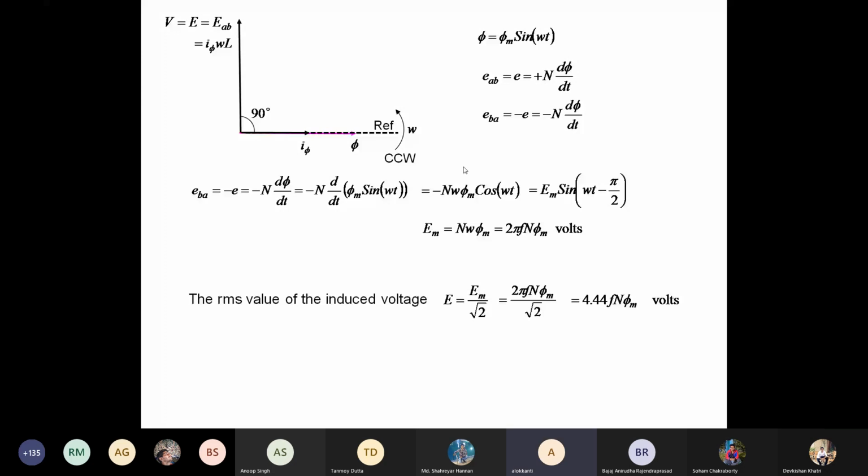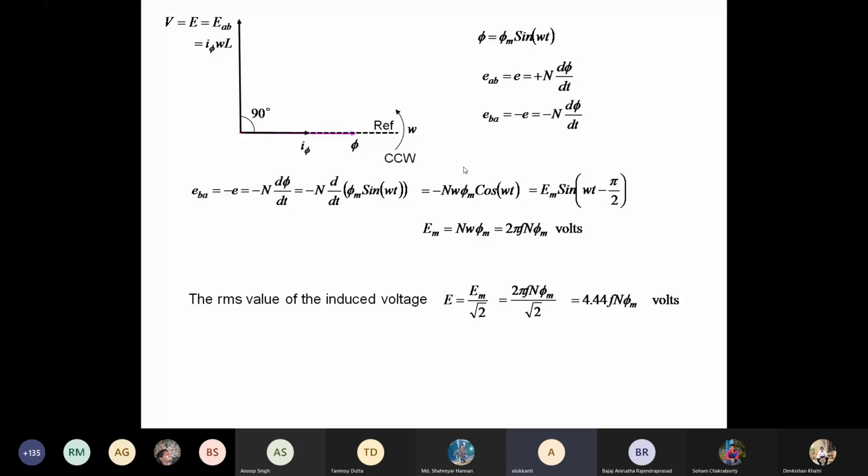We got that EMF expression, so that the EMF is leading the flux or the magnetizing current by 90 degrees. And we also got the RMS value of the induced voltage as 4.44 f n phi m. Phi m is basically the maximum value of the flux.